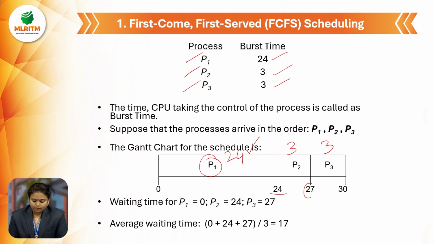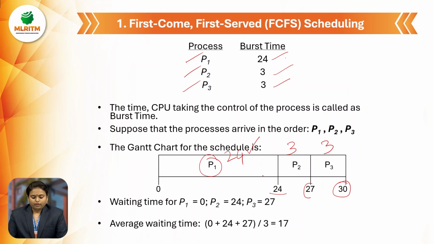That is the turnaround time. What is turnaround time? It is the total duration of the process from start to finish of that particular process. So this is the turnaround time of P3, and 27 is the turnaround time of P2.